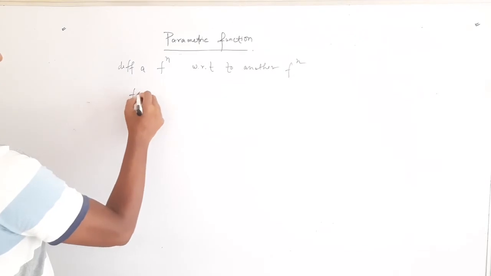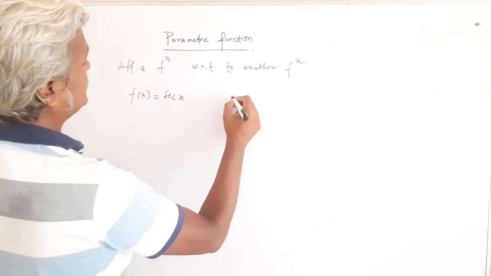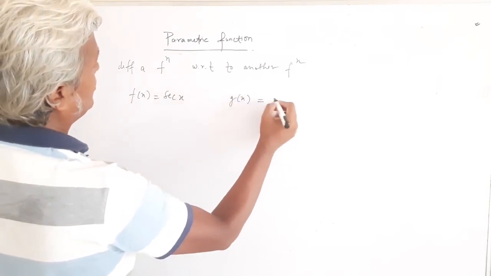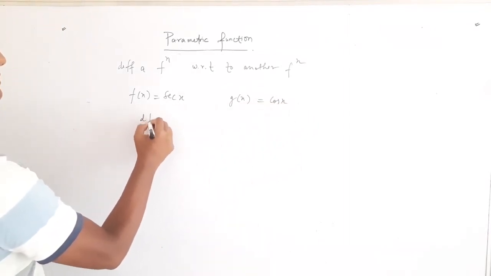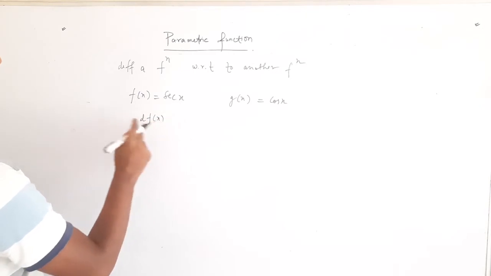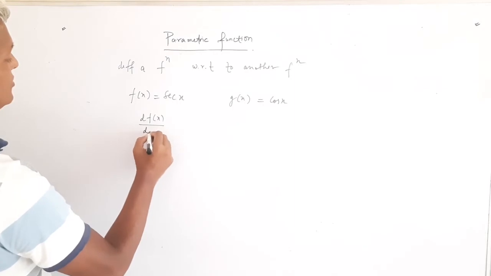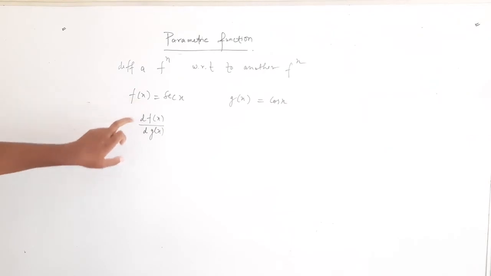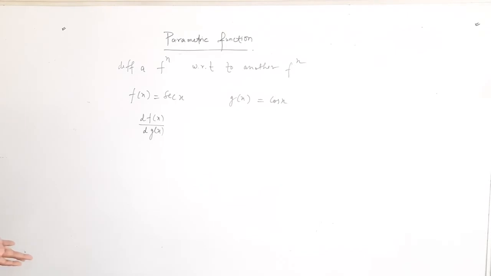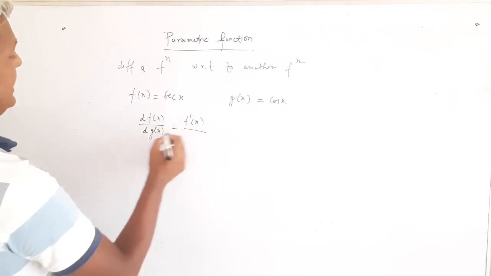Suppose I have fx equal to sec x and gx equal to anything you can write, cos x, then they are saying find d fx, differentiate fx with respect to d gx, meaning differentiate fx with respect to gx. Now how to do that? The simple thing is that d fx is f dash x and this is g dash x.